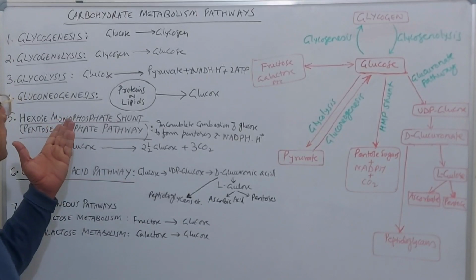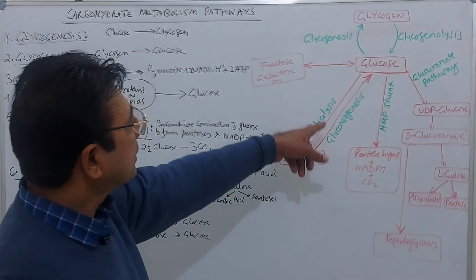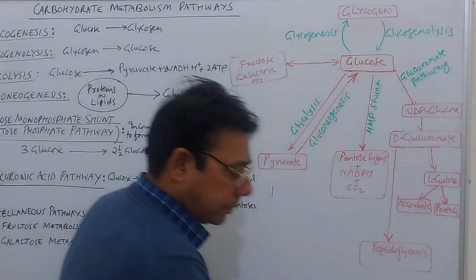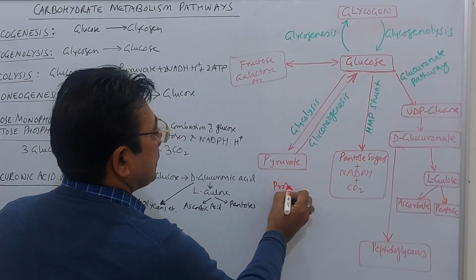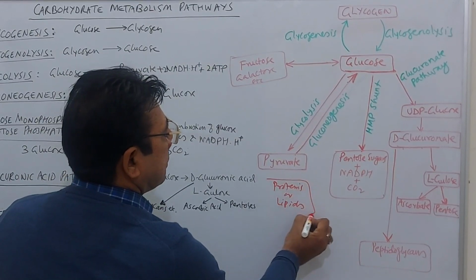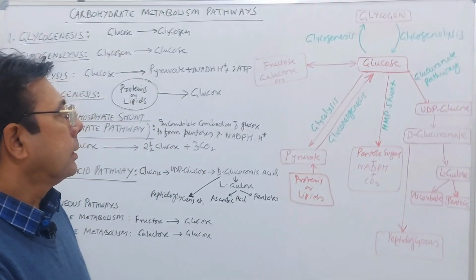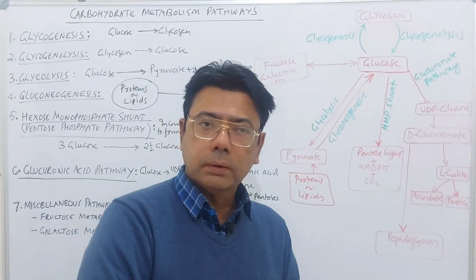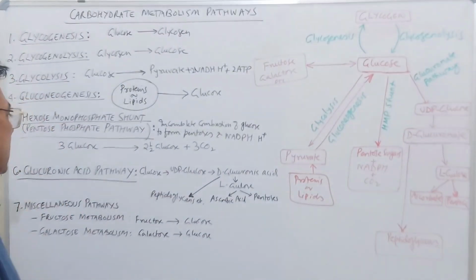The reverse process of this is called gluconeogenesis, in which glucose can be synthesized from proteins or lipids, which may form pyruvate, and then pyruvate may form glucose in an almost reverse process of glycolysis. So this is called gluconeogenesis.